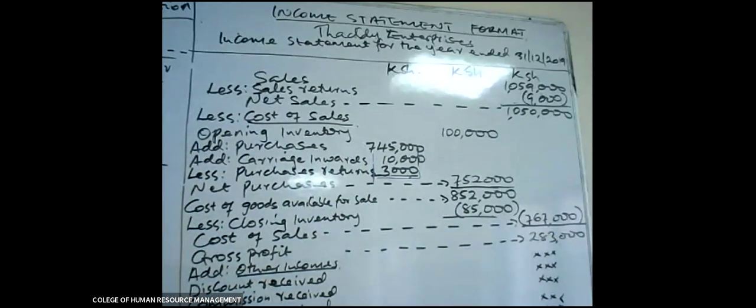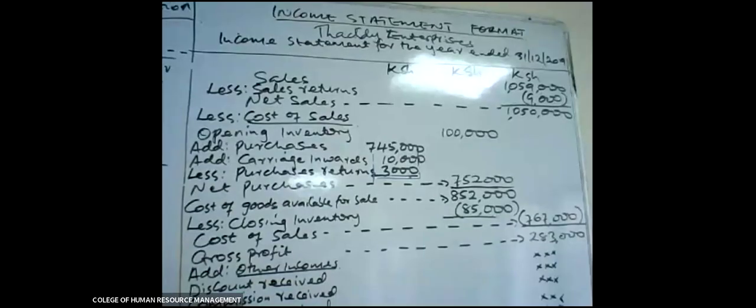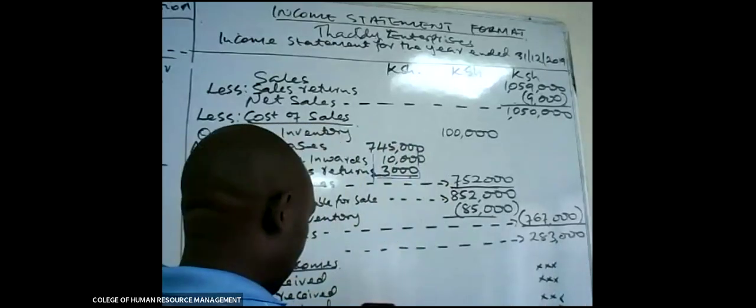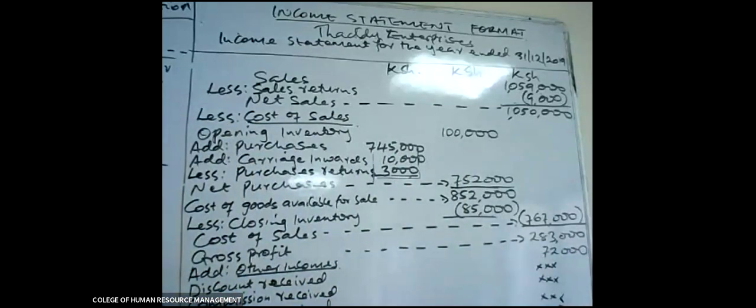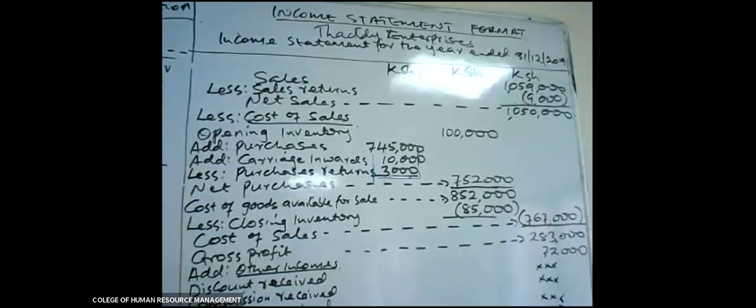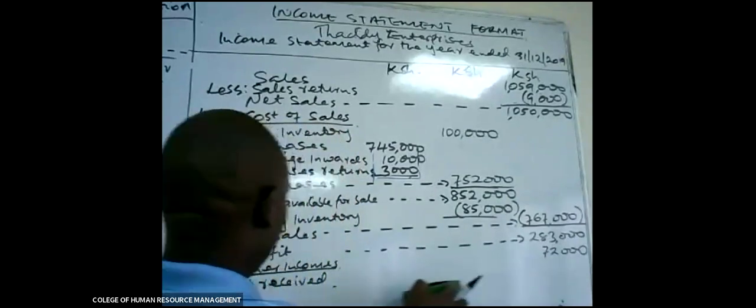Then do we have other incomes? Yes. Other incomes, we have discount received. Yes, it is there. How much is it? 72,000. What else do we have? It is the only one. No other income. So we remove the others. They are not provided. This was just a format.